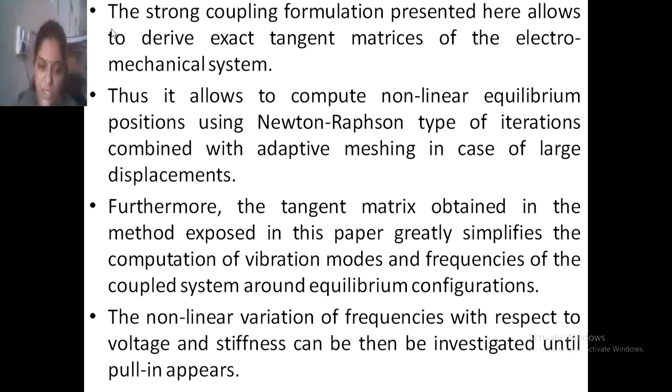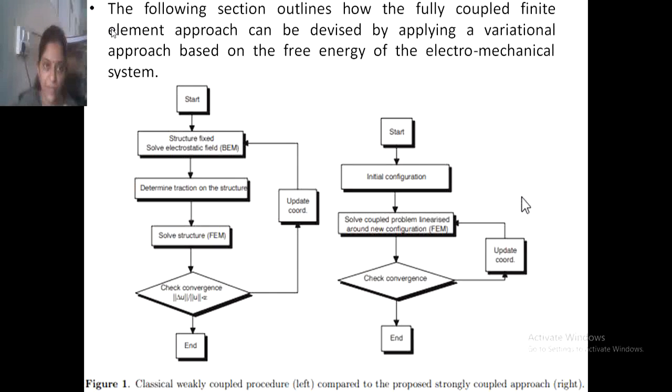So the nonlinear variation of frequencies with respect to voltage and stiffness can then be investigated until pull-in appears.